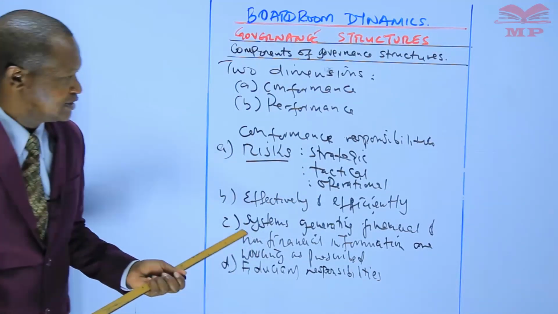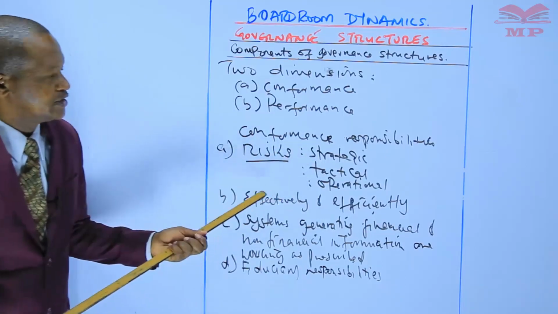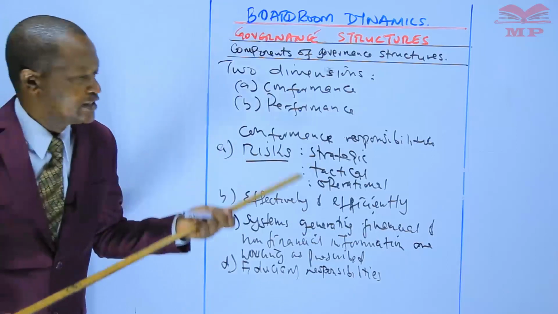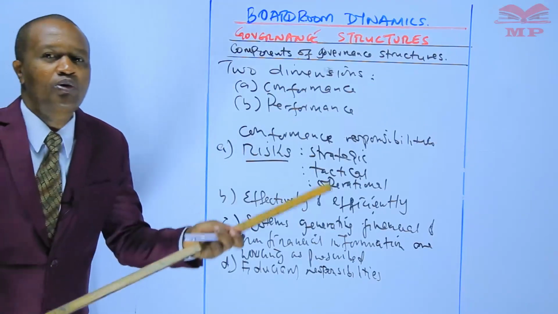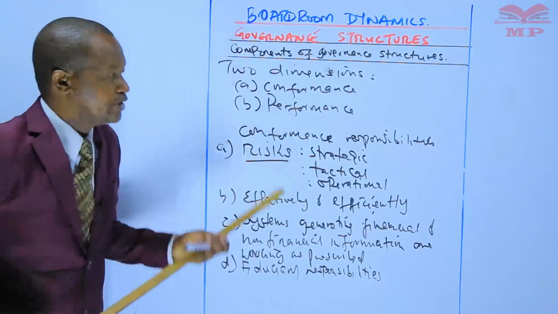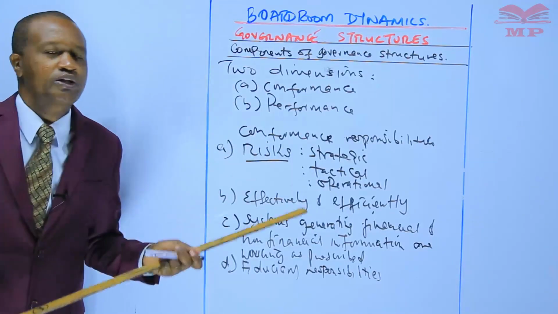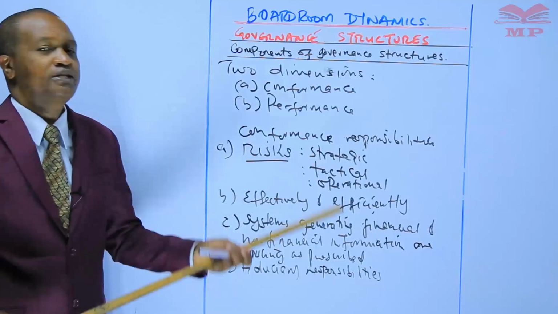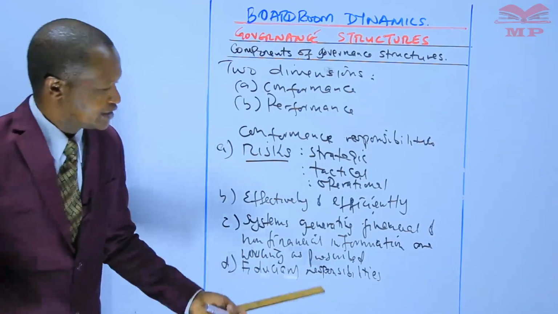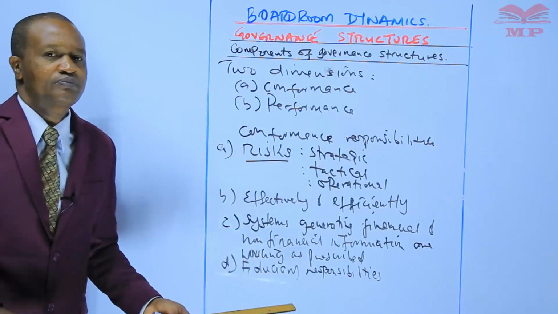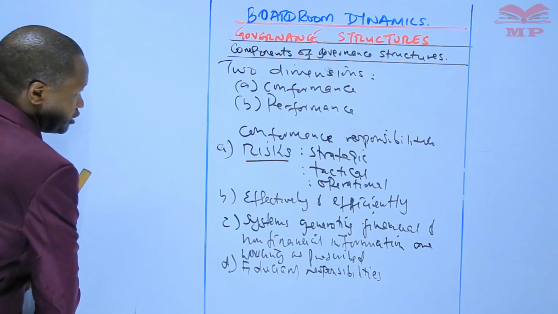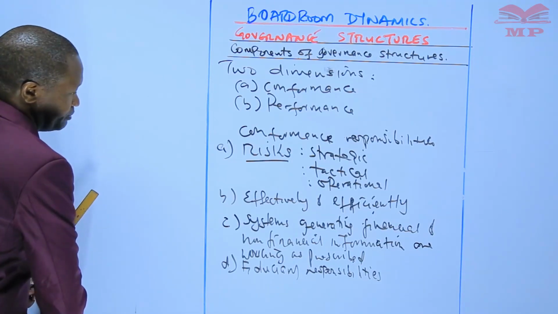And lastly, conformance responsibilities assure the stakeholders that the organization is able to prevent and detect criminal activities such as fraud, money laundering, theft, misappropriation of funds and assets, and so on. These are conformance responsibilities.